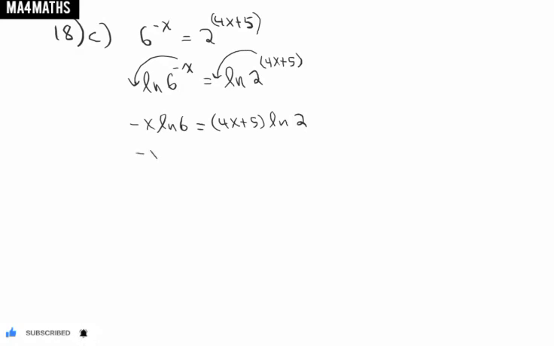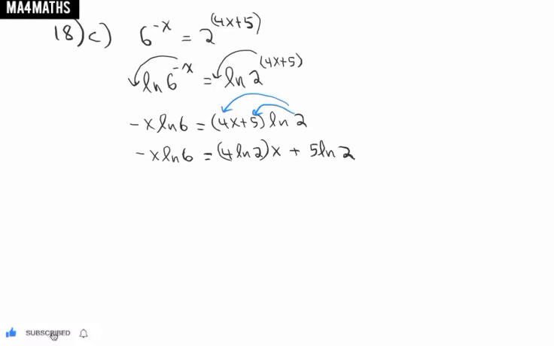So we have minus x ln 6, and I have to distribute here: this times that, and this times that. So we'll have 4x ln 2, with the x by itself, and this is 5 ln 2.